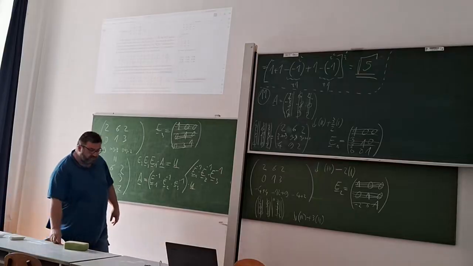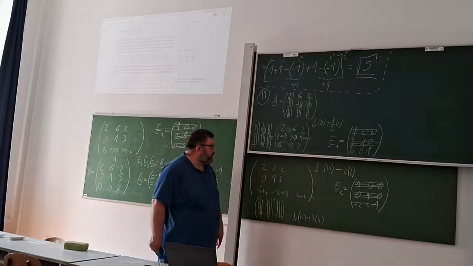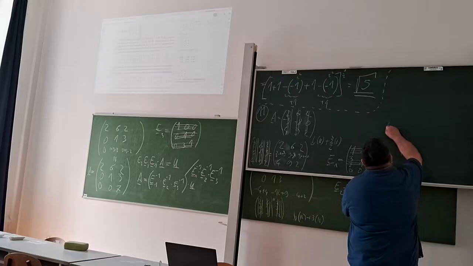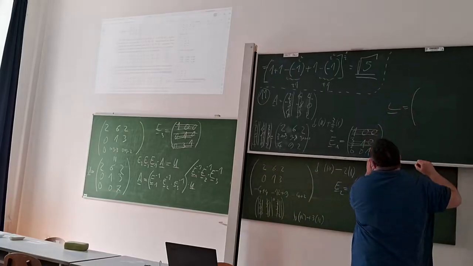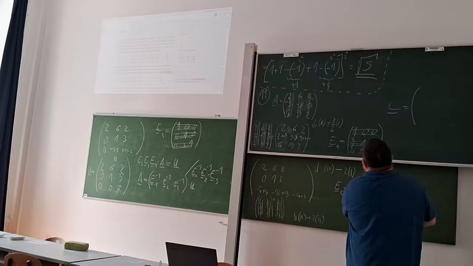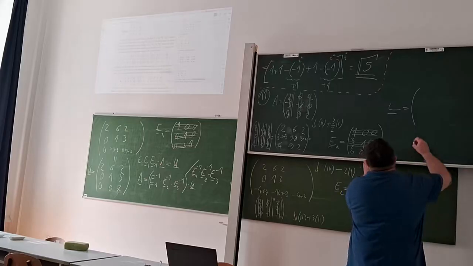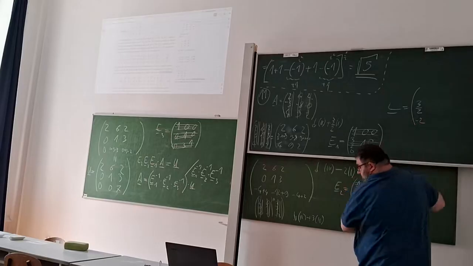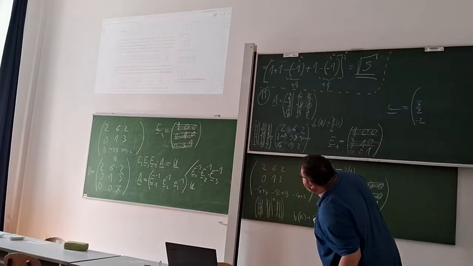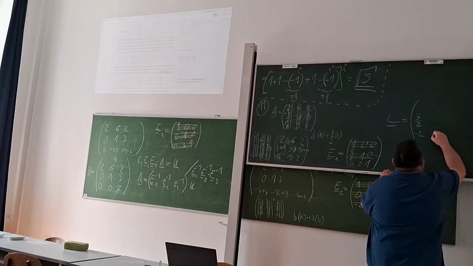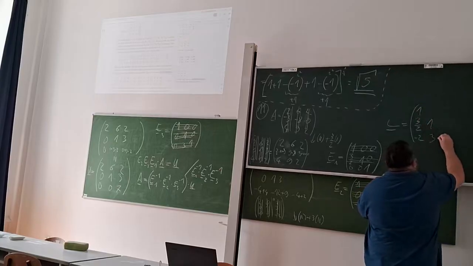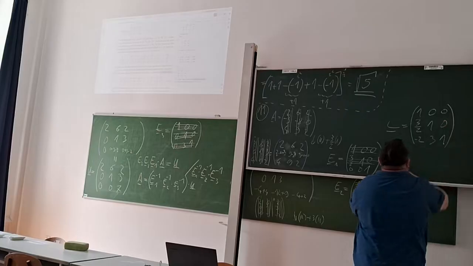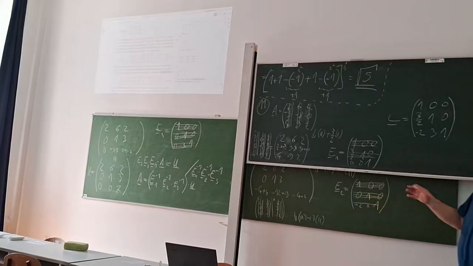So what you can do is simply say the L matrix is what we have. 3, 2, minus 2, and then 3, and then 1, 1, 1, 0. So that's the L.